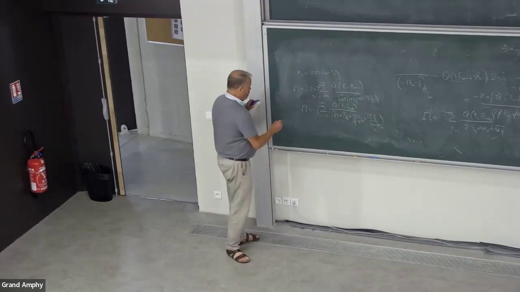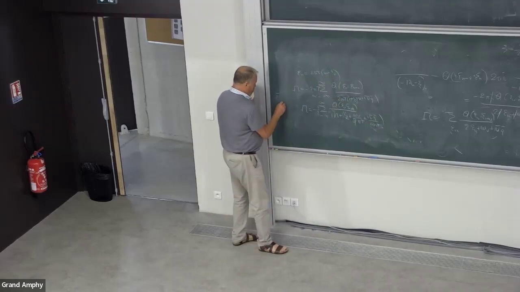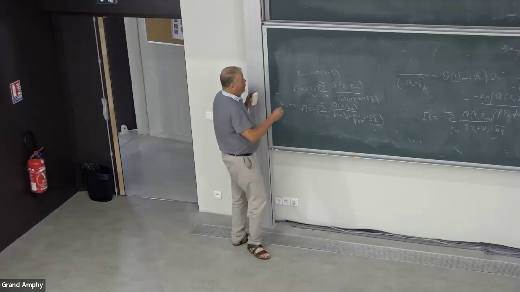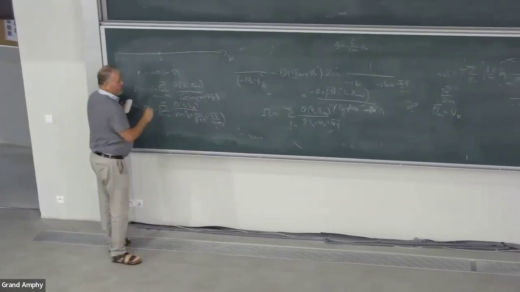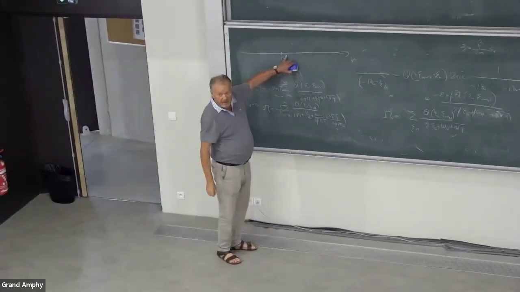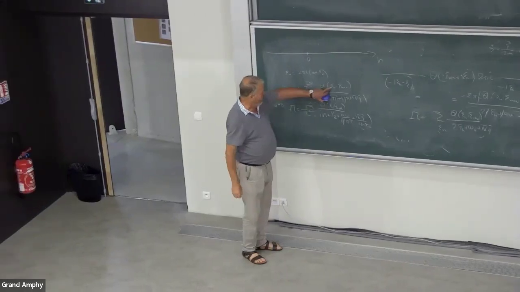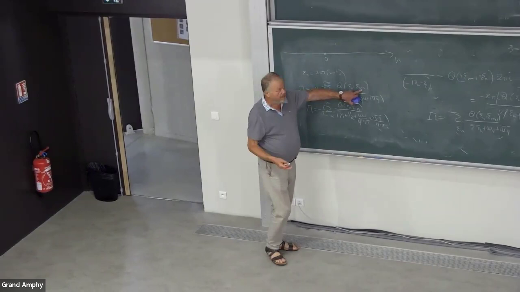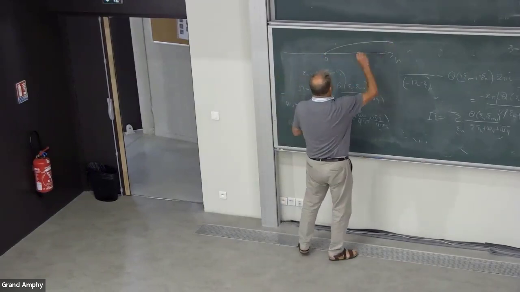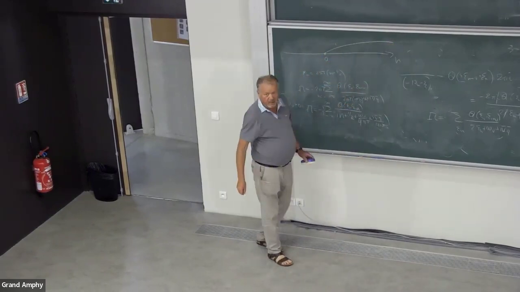The theta function says that, let's suppose omega nu is more than 0. If n is more than 0, epsilon n is positive, and epsilon n plus nu is even more positive. So all this interval is good.